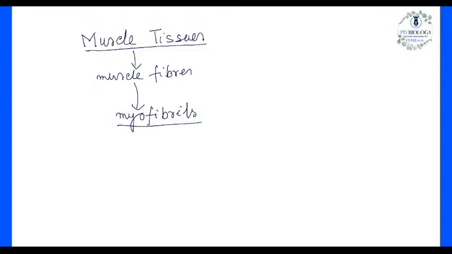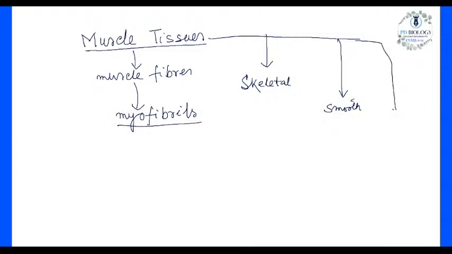And the muscles, we have divided into three main categories: skeletal, smooth, and cardiac.